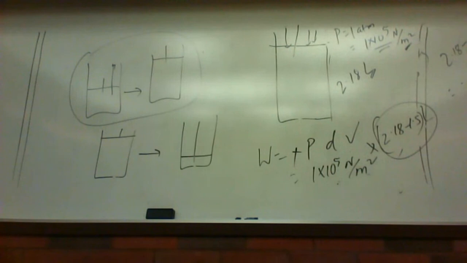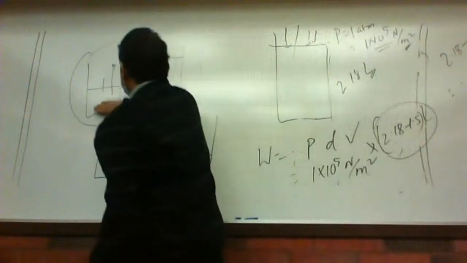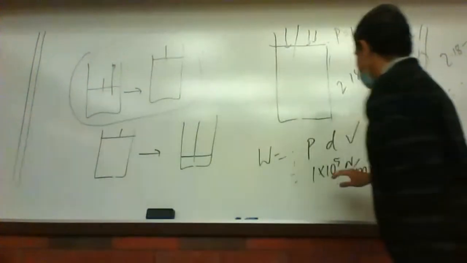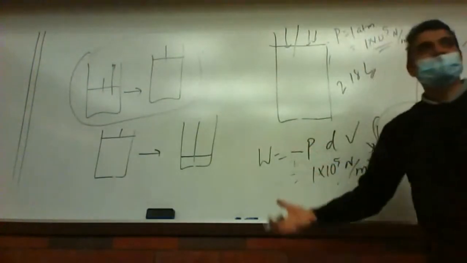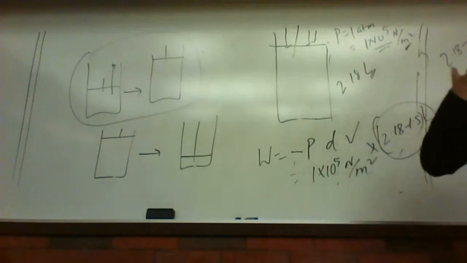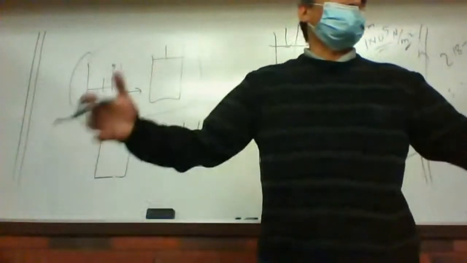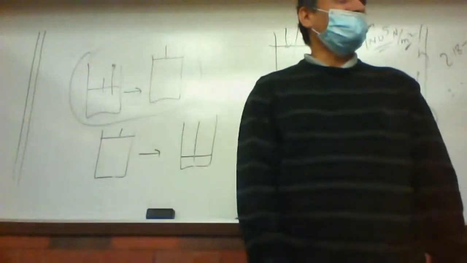Some books do the opposite, some books do this way. Our book always gives the negative sign if you are moving the piston up during the process, but some books do the other way. It's just how they think. So give one sign for one way, and the opposite sign for the other way. Make sense?